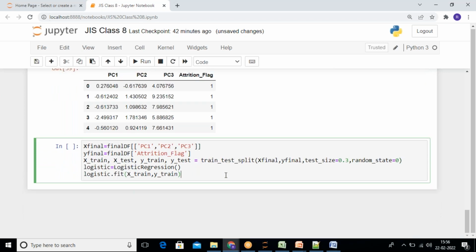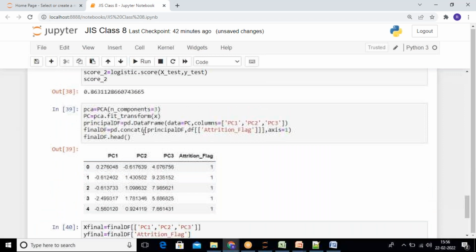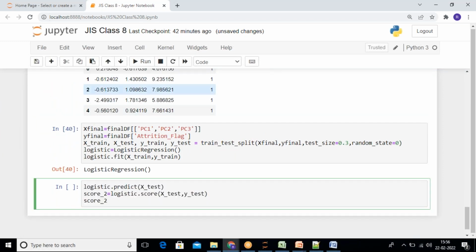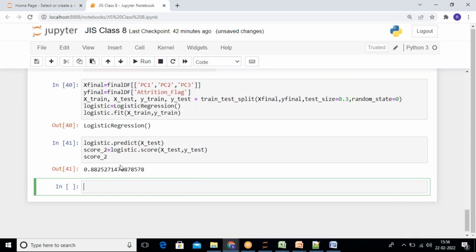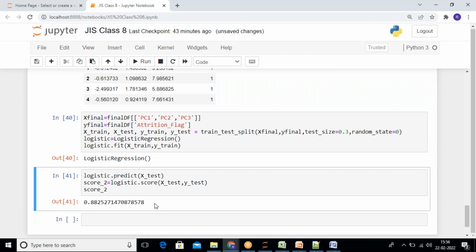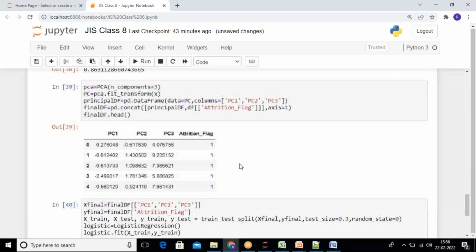Done. Run this logistic regression. Now I copy this and paste it over here. 88%. Slightly increased.